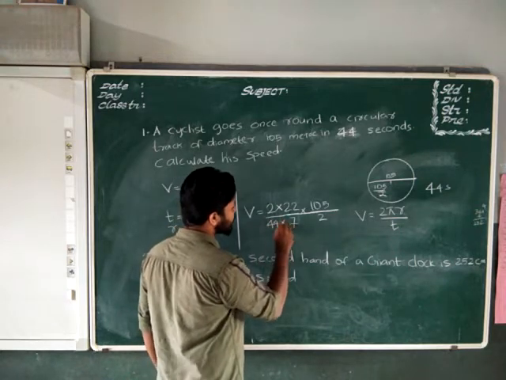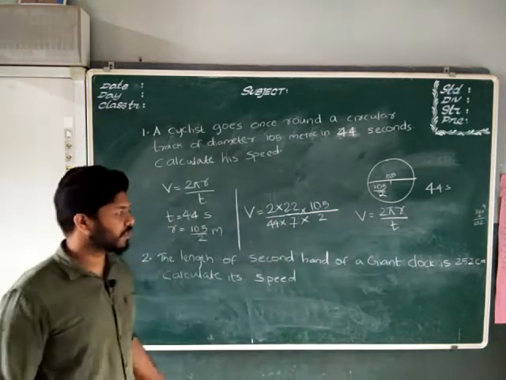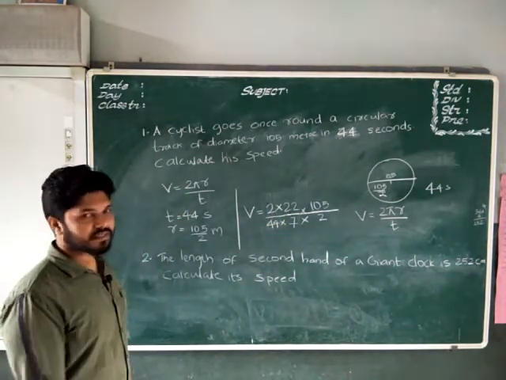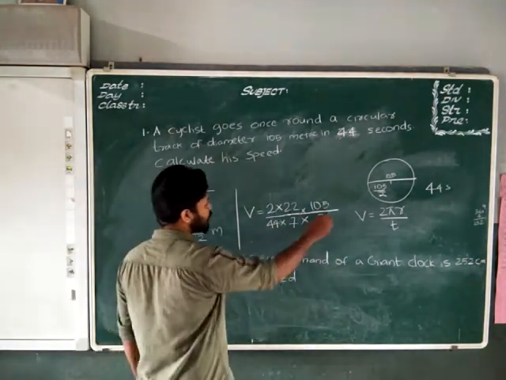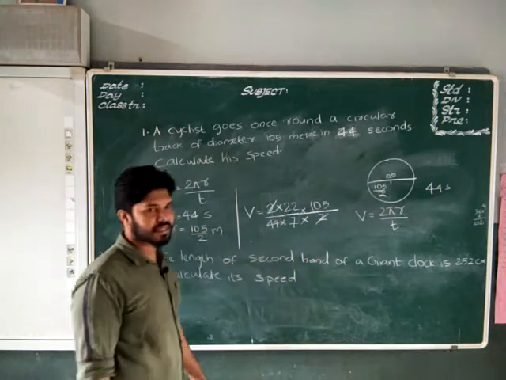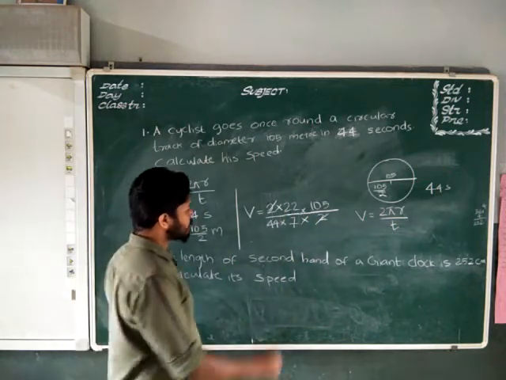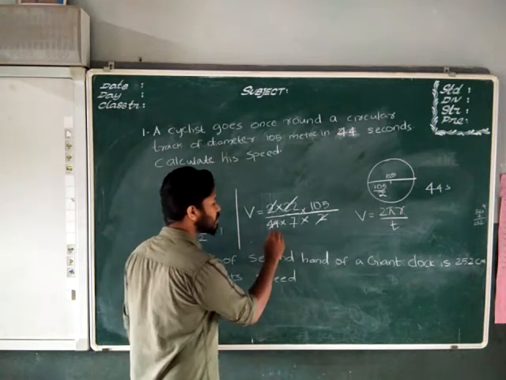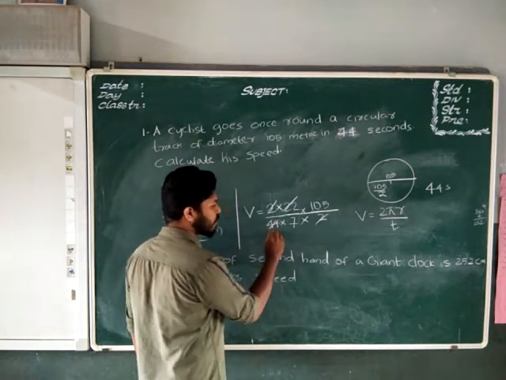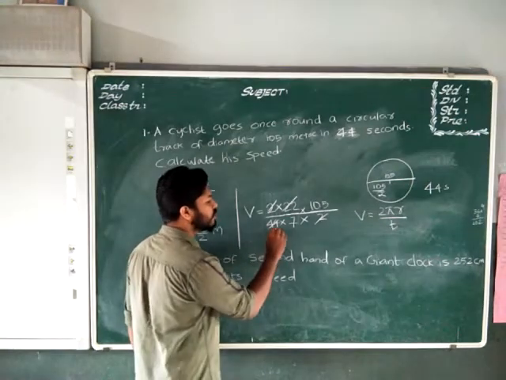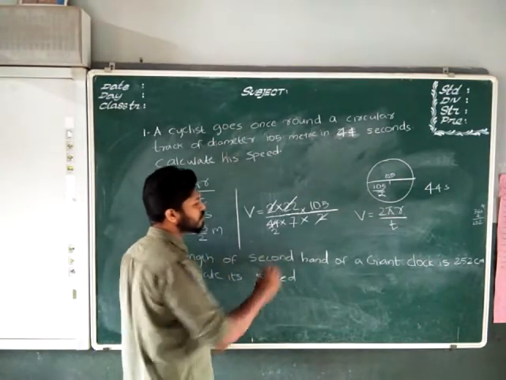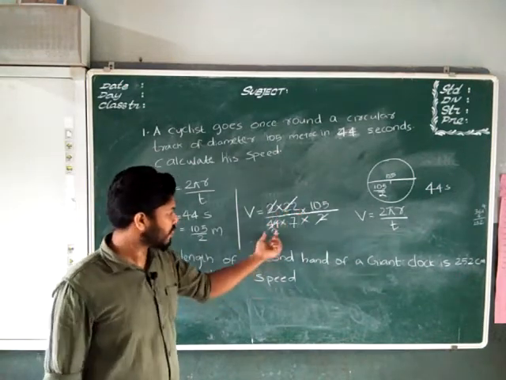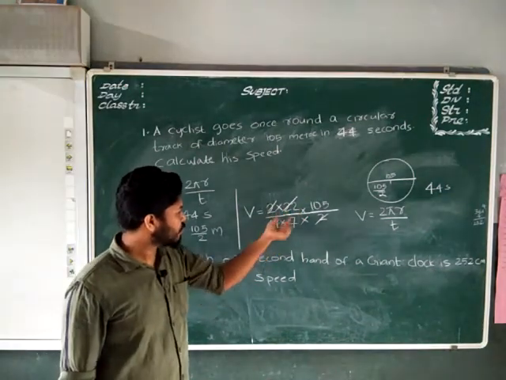So in the denominator it comes 44 into 7 into 2. The numerator is 2 into 22 into 105. Let's cancel some of the terms. 2 and 2 can be cancelled. The rest of the terms, 44 and 22, can also be cancelled. So it becomes here the half. How many 22s in 44? It's 2 22s in 44 and 1 22 in 22. So we can cancel it as 2.